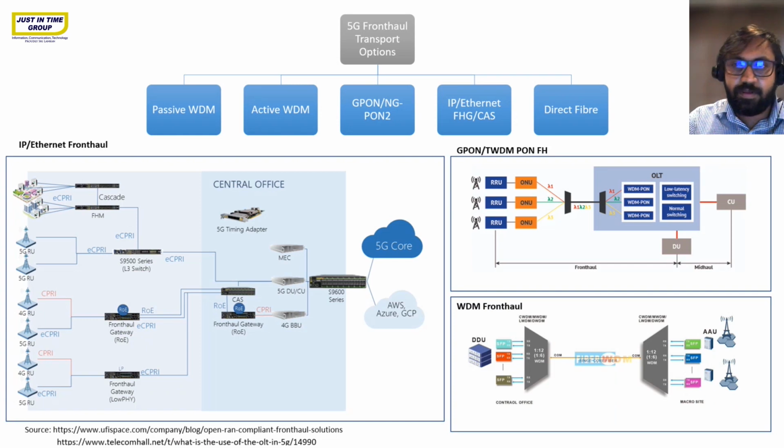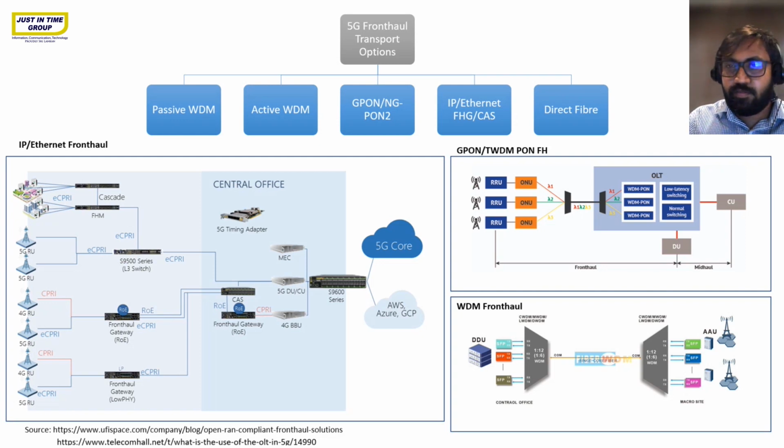I mean, let's say if you are building a transport network, then there are multiple options that you can look at. One option is to use passive WDM technologies, and that means multiplexers and passive equipment which does not require power. Then you can look at options like active WDM, where you can do OTN, you can have transponder functionalities.